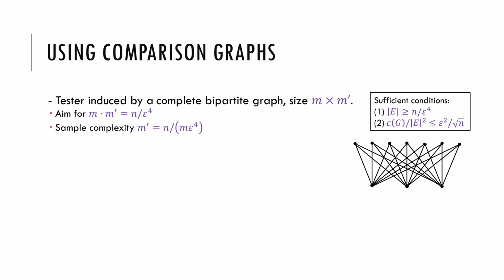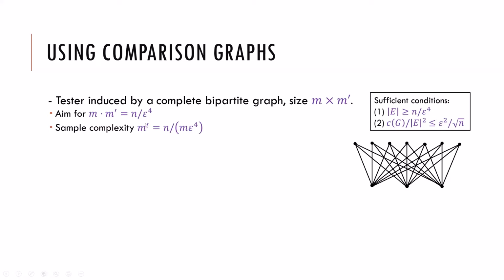We said this tester does a bit more than just counting collisions, but it's presumed to be the tester induced by this comparison graph. And their analysis also gives the same conditions that we got in our structural theorem, that the number of comparisons, well, for them it's specifically for any bipartite comparison graph, but still the number of comparisons must be at least n over epsilon to the fourth.